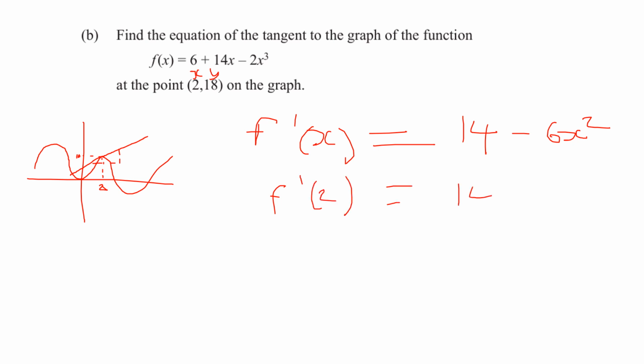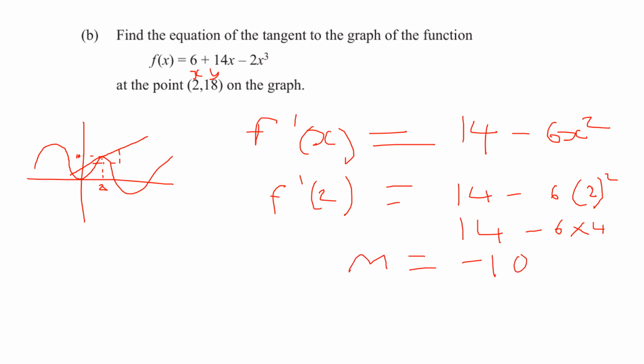That's going to be 14 minus 6 times 2 squared. What is 2 squared? It's 4, and 6 multiplied by 4 is 24. So 14 minus 24 is equal to minus 10. That is our m.